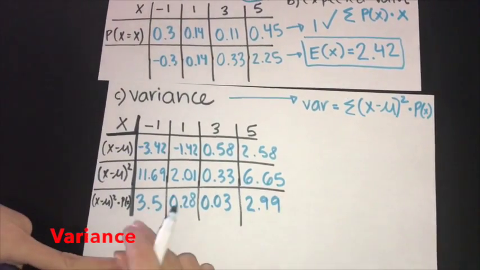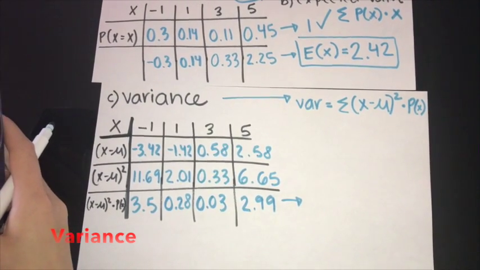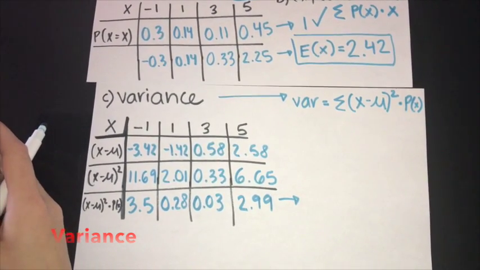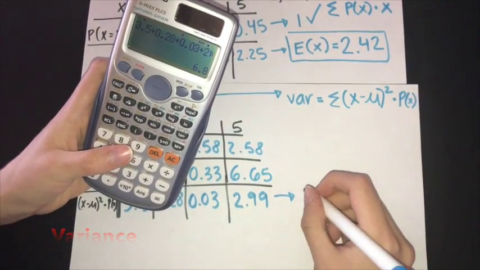And to find the variance, we will add all of this. 3.5 plus 0.28 plus 0.03 plus 2.99. And our answer is 6.8.